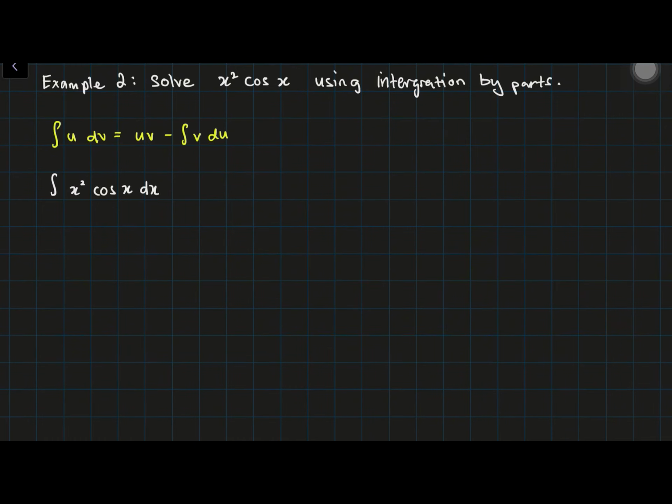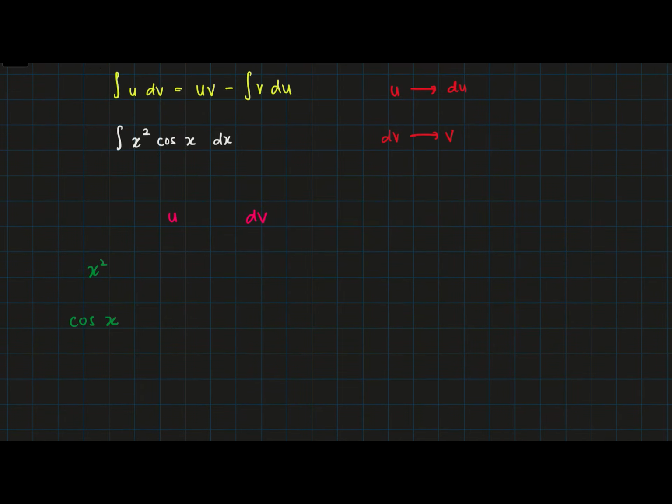For the second example, let's take a look at x squared and cos x. Which one do we assign for u and which one do we assign for dv? If we let u equal x squared, the derivative of x squared is 2x. And if you let u equal cos x, the derivative of cos x is negative sin x. If you let dv equal x squared, the integral of x squared is 1/3 x cubed.